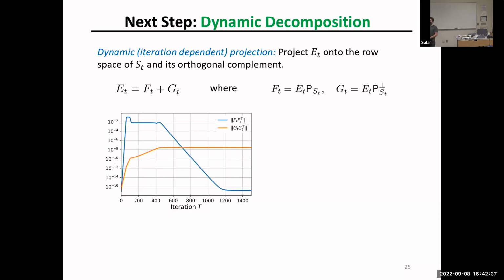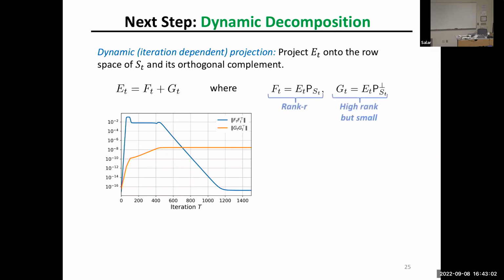Turns out that if we do this decomposition, the non-monotonic behavior of ET is only because of FT and not because of GT. GT remains monotonically increasing, but the increase is up to 10 to the minus 8. What actually has a non-monotonic behavior is FT.